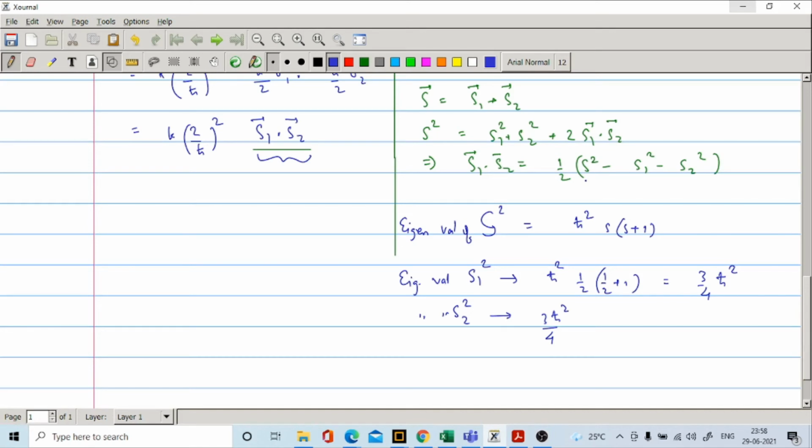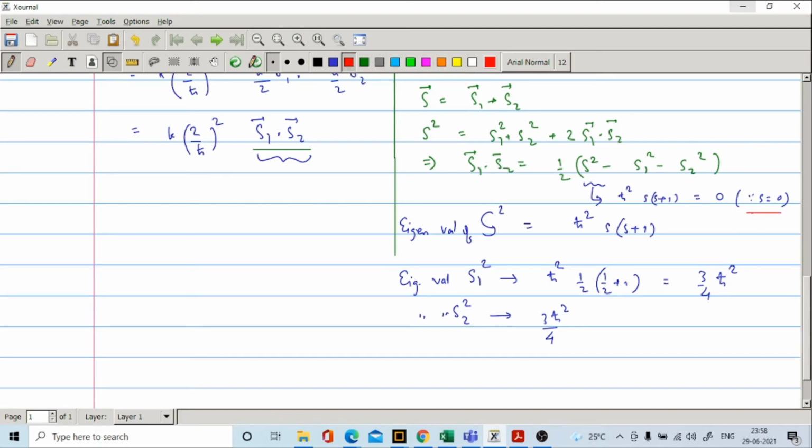And we are given that the total spin S is 0 in the ground state. So the eigenvalue of S squared is h bar squared S into S plus 1, and S is equal to 0. Why is S equal to 0?